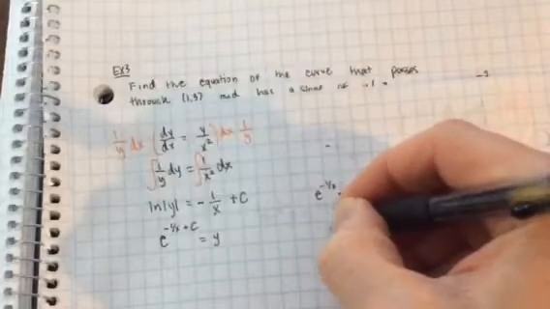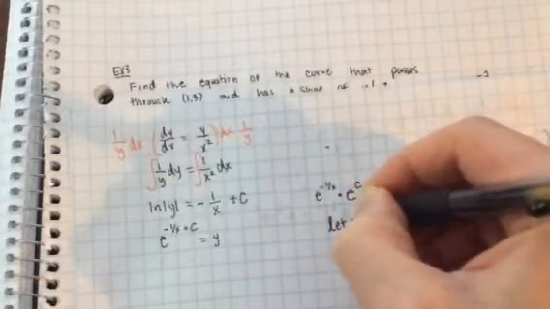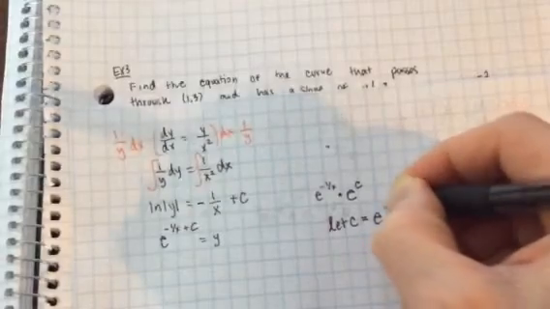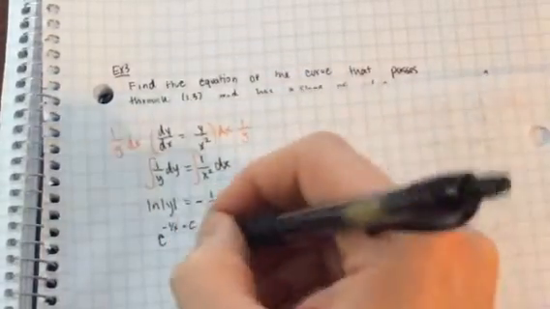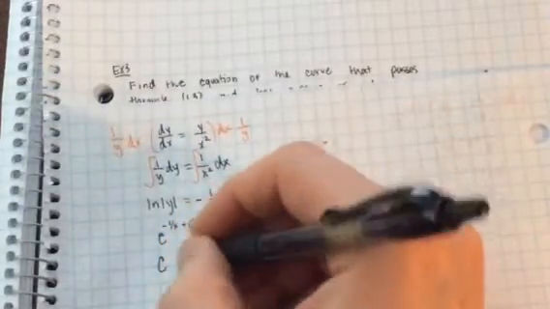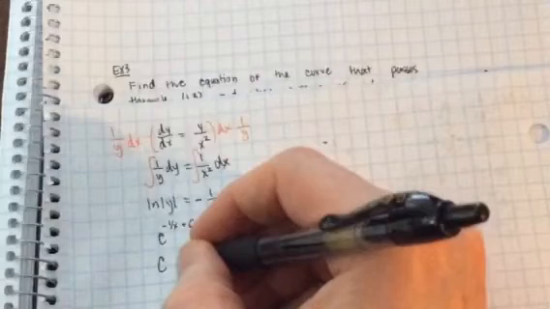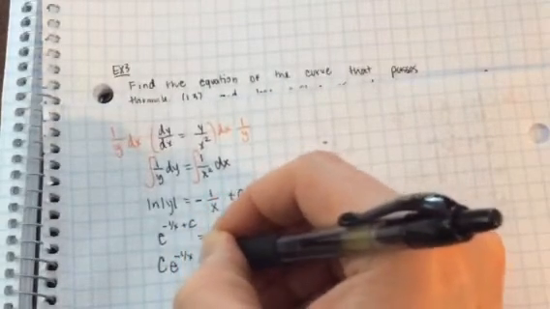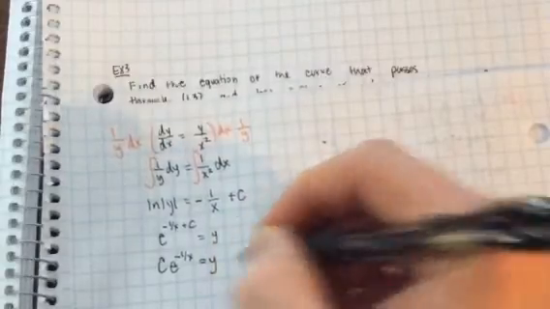So what we're going to do is we're going to say let c be equal to e to the c power. So that now lets us rewrite this as c times e to the negative 1 over x power, and that is what y is equal to.